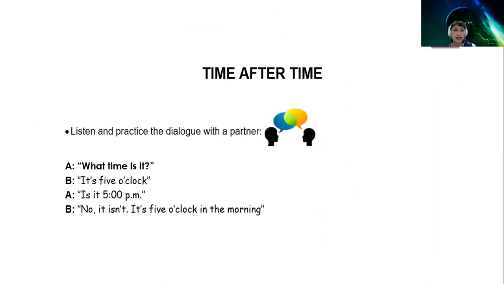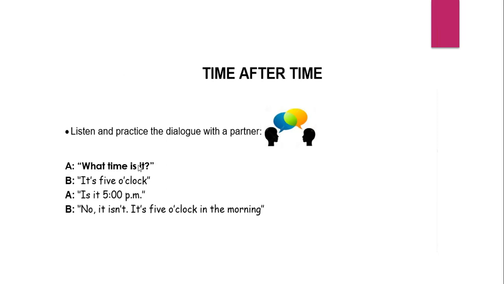Nos toca el diálogo. Atenta, Diana. Yo te había prometido que íbamos a hacer este diálogo. Lo haremos el día lunes, pero sí necesito que escuches la pronunciación para que la practiques, cosa que en la siguiente clase ya te aprendiste la pronunciación. Vamos a ver qué dice. Listen and practice the dialogue with a partner.